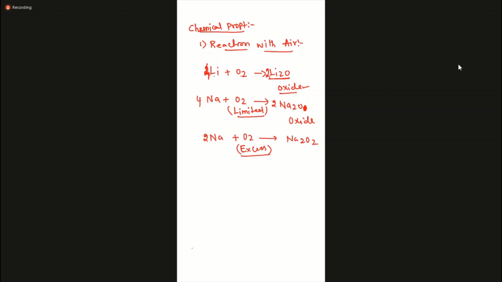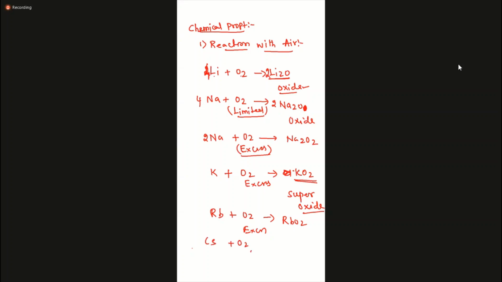Same thing with potassium. Potassium reacting with an excess amount of oxygen will give rise to KO2. KO2 is called superoxide. Likewise, rubidium reacts with excess oxygen to give RbO2, superoxide.